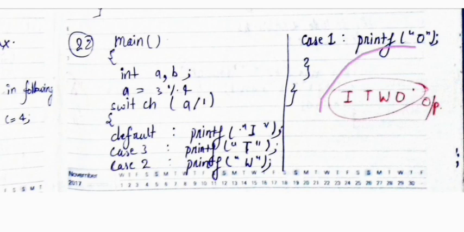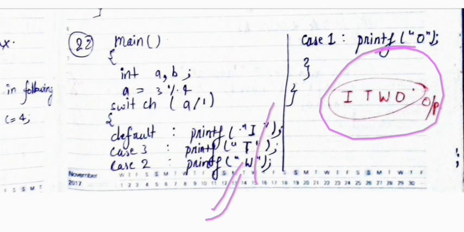The output of this program is ITWO. Why? Because in this switch case the break statement is not used. So the output is printed in the given cases' sequence, meaning ITWO is the output of this program.